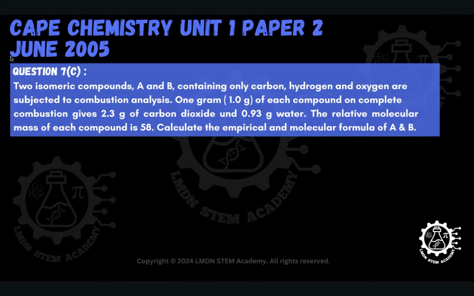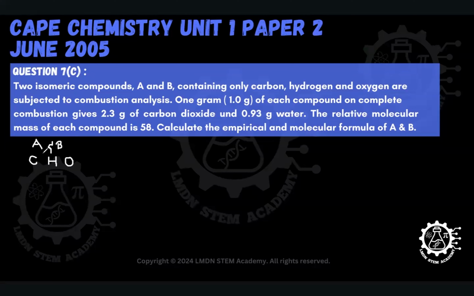All right, so here's what we're gonna do. We're going to write out a generic equation which represents the combustion of each of these isomers A and B. They told us right off the bat that compounds A and B are comprised of carbon, hydrogen, and oxygen only, right?